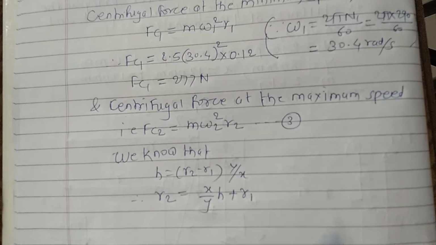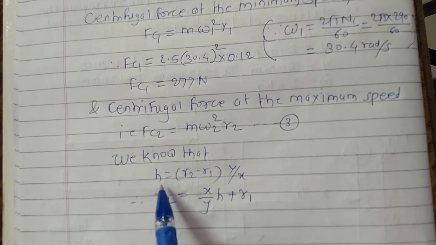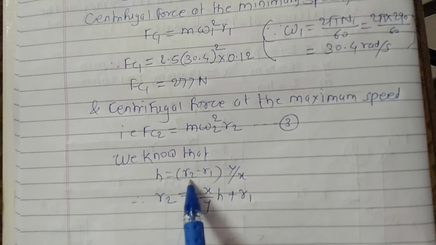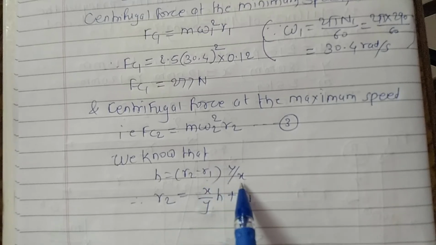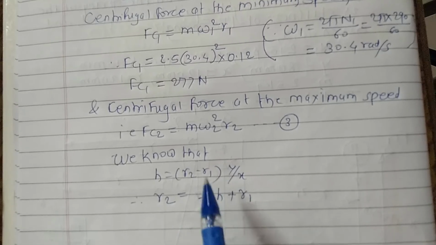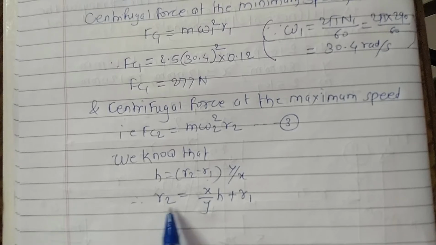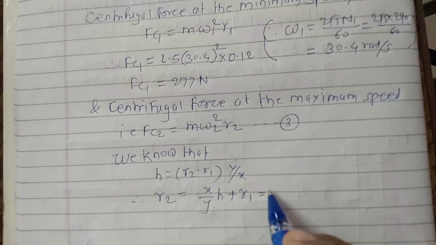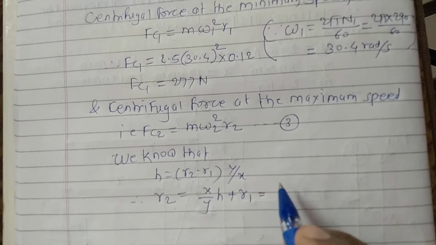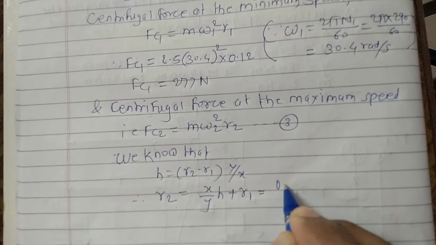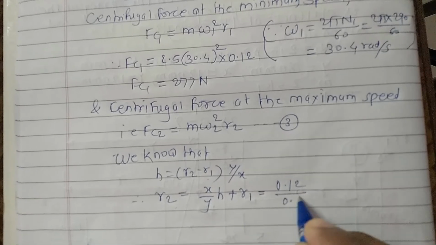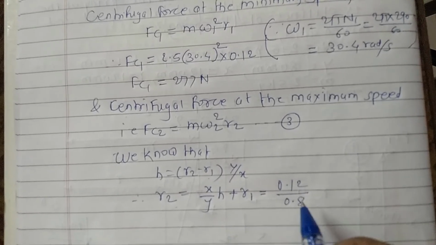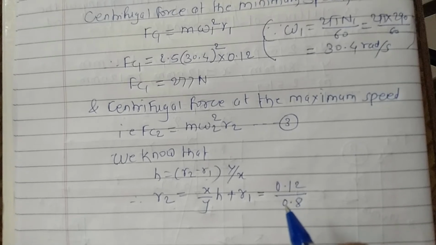For that, we know the height of the governor is nothing but (R2 minus R1) into y divided by x. From this relation, after rearranging the terms, we get R2 equals x divided by y into h plus R1. What about x? X is given as 120, just convert this into meters. Y is 80 mm, that is 0.08.